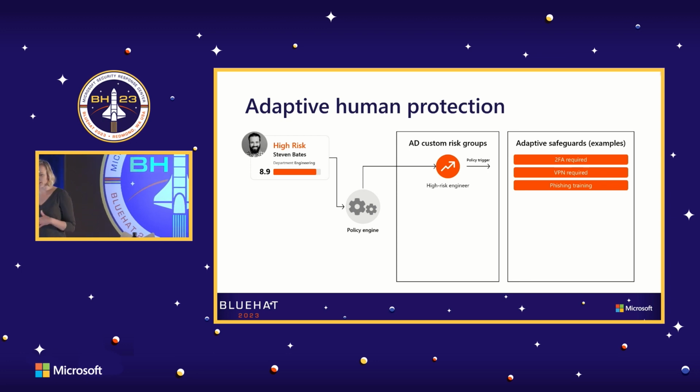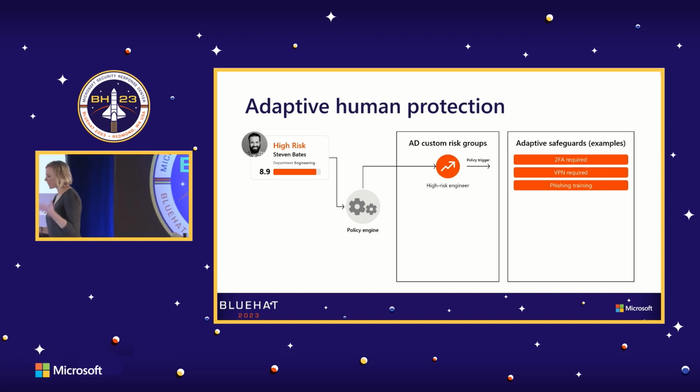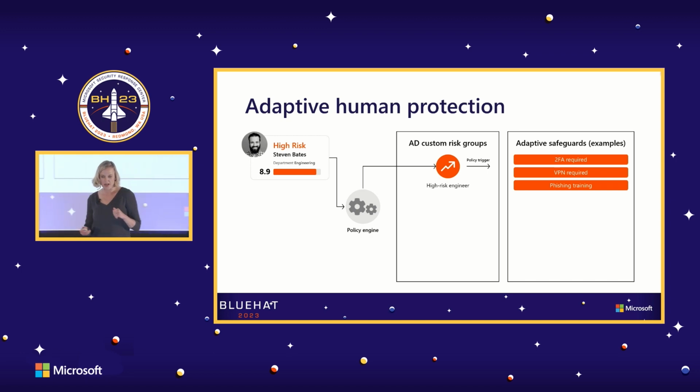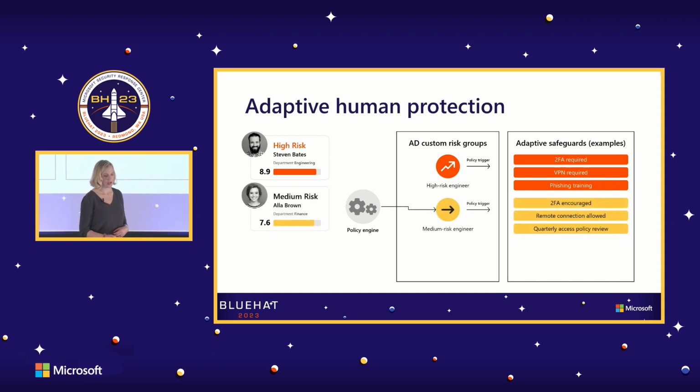So I wanted to give you an example. So let's say, again, we're taking our high-risk engineer, Steven, and we are seeing that the feedback we're giving him is not effective. We can start thinking about adapting certain safeguards. This is the bubble wrap I was talking about, right? So this particular individual may need a different type of authentication, only allow access via VPN, and maybe more regular phishing training. If we have, again, a medium risk employee, we might have different types of safeguards for this individual, right?